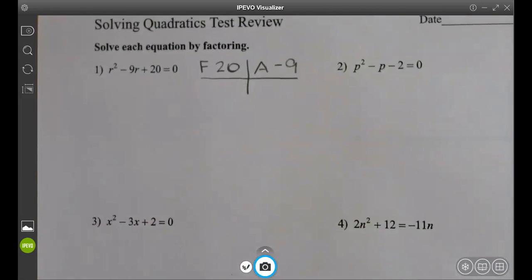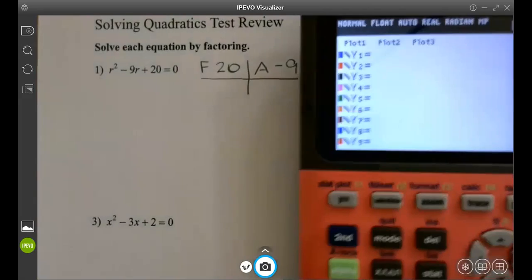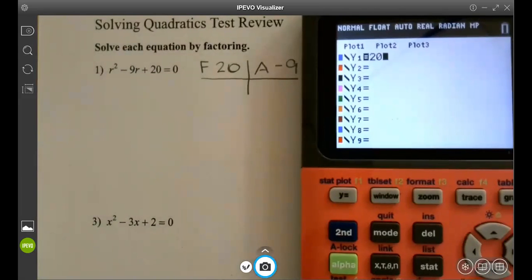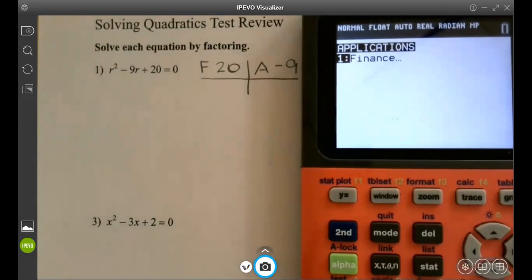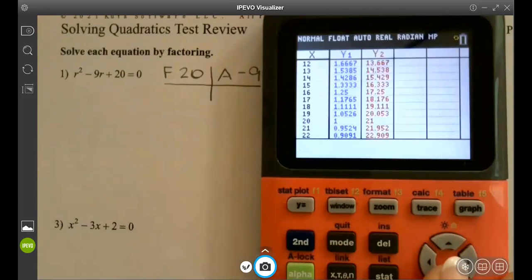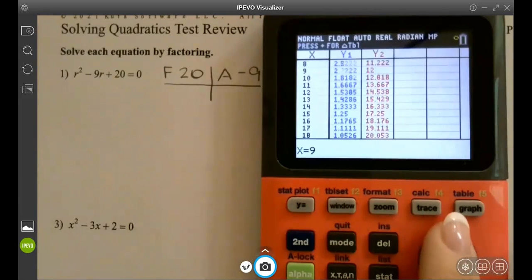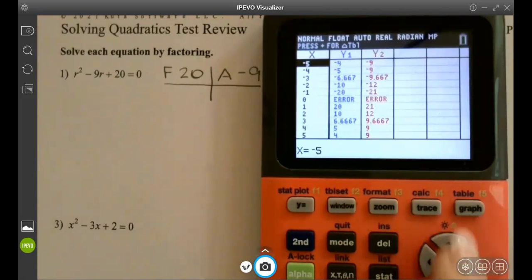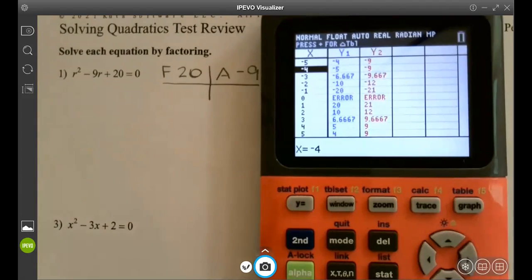I'm going to show you just a couple times how to do this just to refresh, but then after that, I'm just going to give you the factors if I know them. So we have 20 divide x, 20 divide x plus x. That's not good. And then I'm going to look in my table for -9. There's a +9. Let's find -9. There it is, -4 and -5.